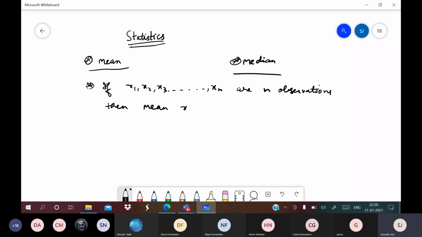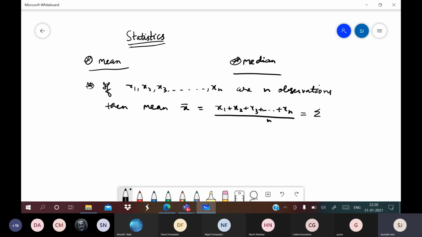Mean, you know, is generally denoted by x bar. And what is the formula? The formula is the sum of all the observations upon the total number of observations. Sum of all the observations upon total number of observations, right?